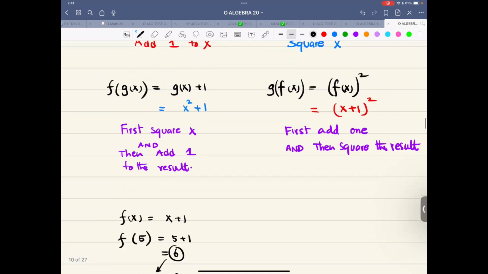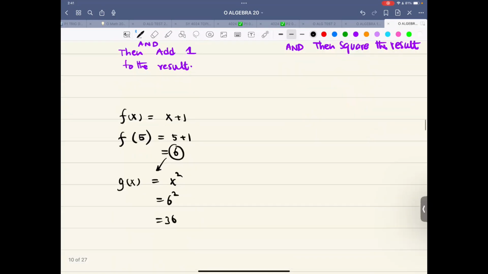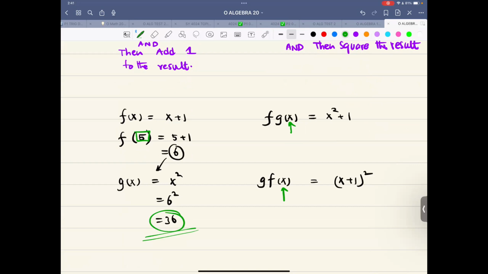Now let me take these two things, f of g(x), x squared plus 1, and g of f(x), (x plus 1) whole squared. I want to see which one will give me 36. If I write 5 over here, that is 5 squared plus 1, which is 26. If I write it over here, 5 plus 1 is 6, 6 squared is 36.